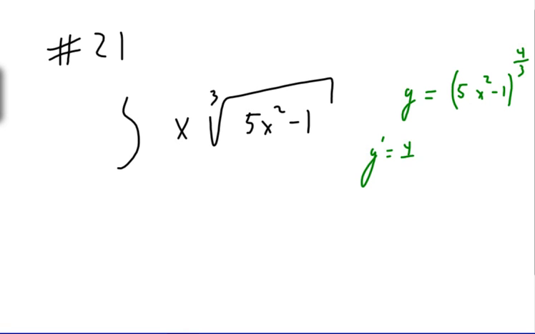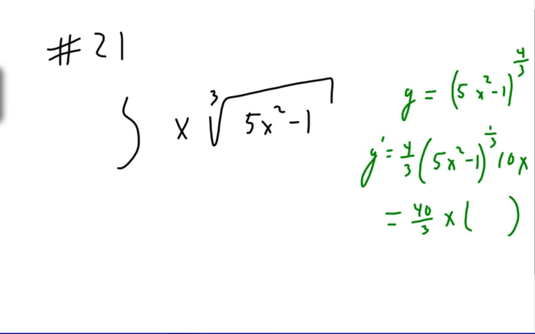I'm going to get 4/3 times (5x squared minus 1) to the 1/3 times the derivative of the inside, 10x. So I need 40 over 3 x times that guy. So I need a 40 over 3. I'm going to multiply it by 3 over 4 on the outside.